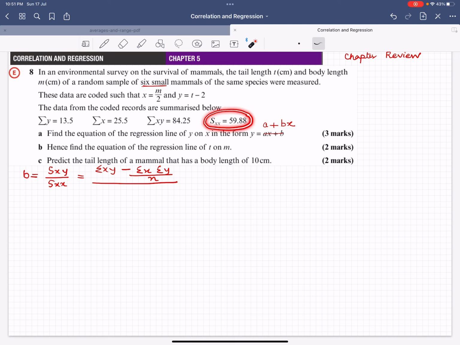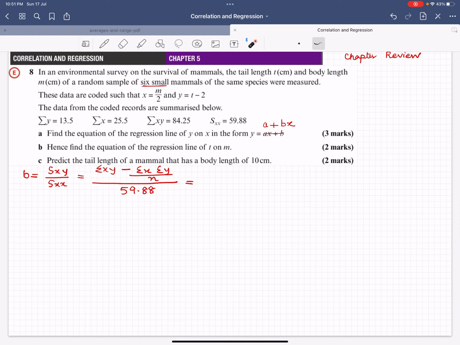We can straight away write the value 59.88. So for the denominator we have the value as 59.88.